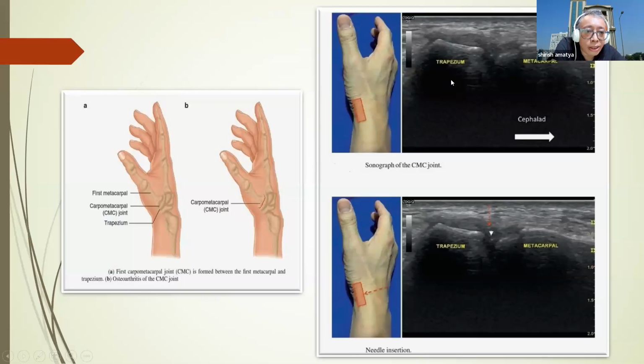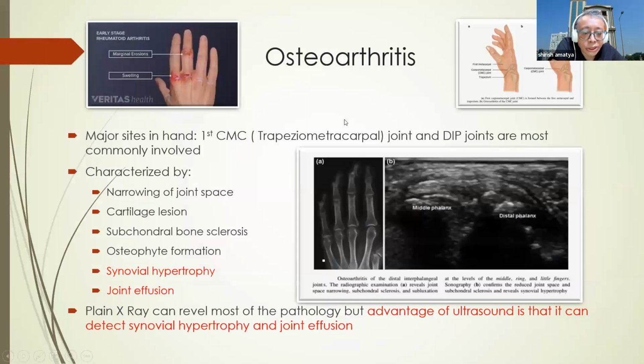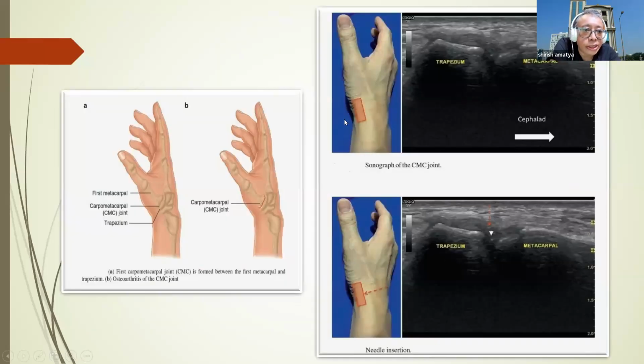On the right side of the screen, you can see the ultrasound picture of the carpometacarpal joint. As you can see, the ultrasound probe is placed in the long axis with the metacarpal bone of the first digit, and just below you can see the trapeziometacarpal joint.